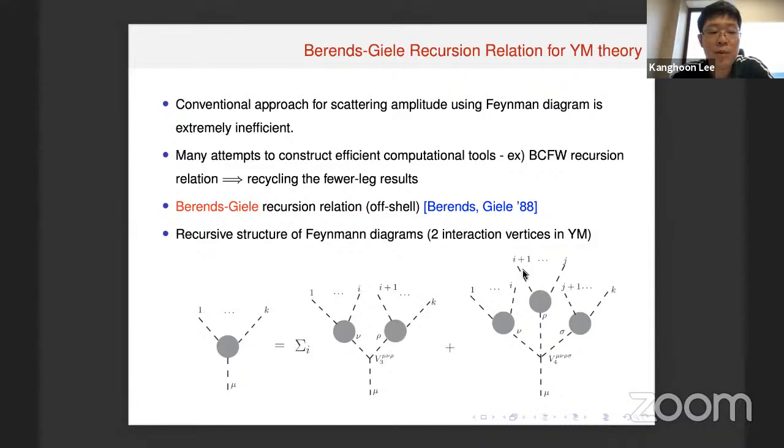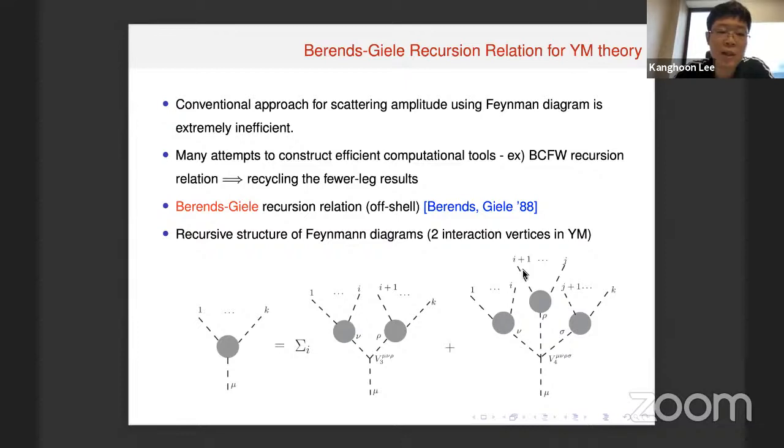So there were many attempts to construct efficient tools, and the most well-known example is the BCFW recursion relation from 2004 or so. The basic idea is that we can recycle the previous results.